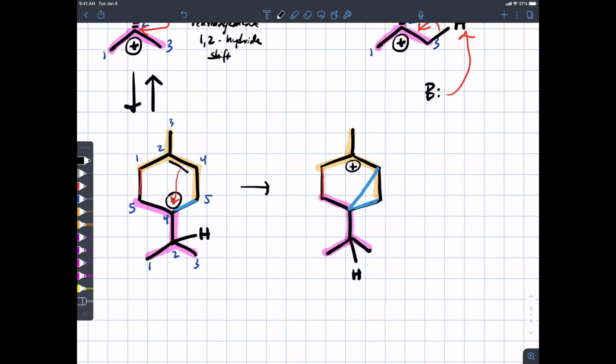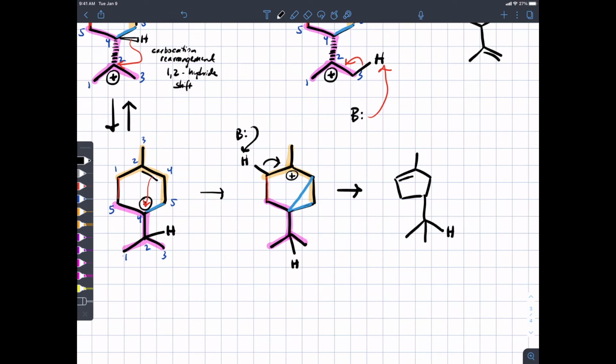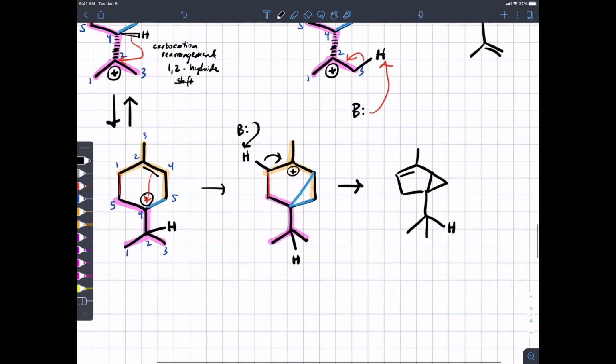Then a number of different things can occur, but if you eliminate this proton, you then have the following molecule, which is called alpha-thujene. And if you eliminated this proton instead, it would be beta-thujene.